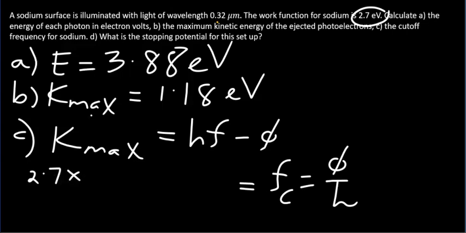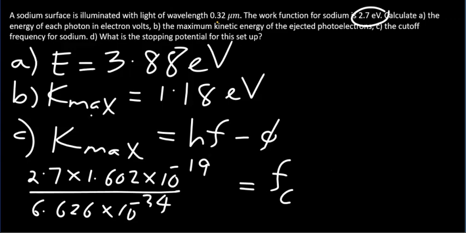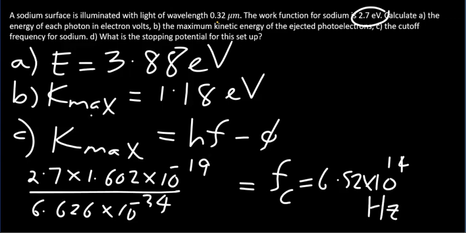If you want to calculate that in joules, you simply multiply by the charge of the electron, and then you divide by Planck's constant, which is 6.626 times 10 to the power minus 34. That will give you the cutoff frequency in hertz, namely 6.52 times 10 to the power 14 hertz.